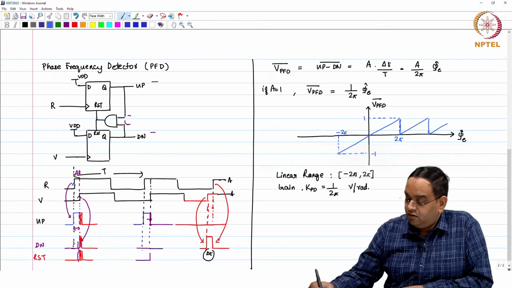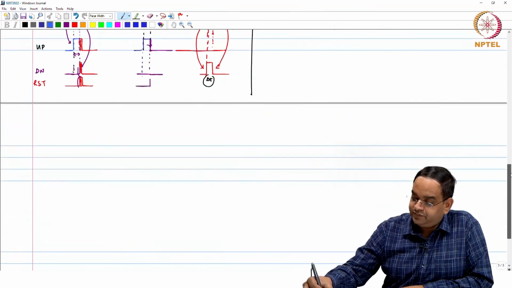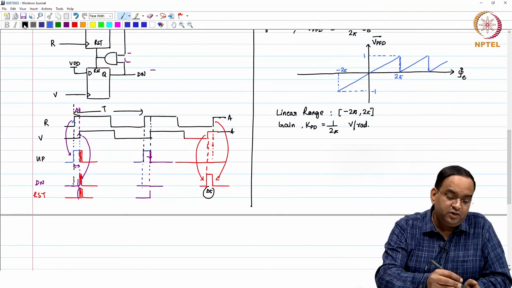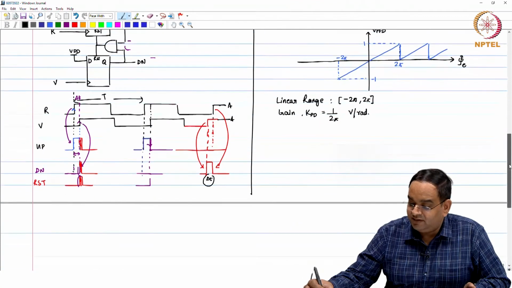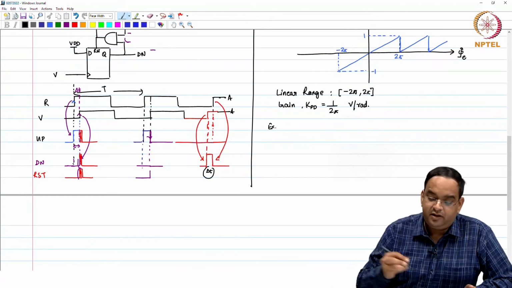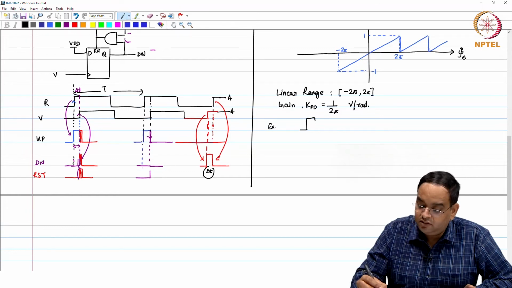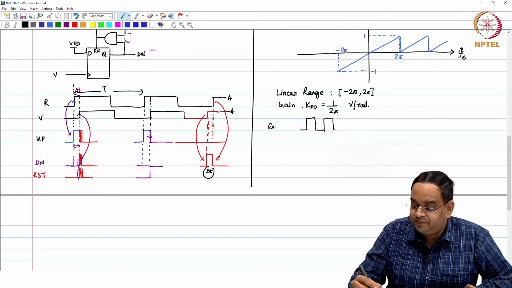Okay. How? Let us just look at it. So, for an example, let us consider that this is your reference clock period, you can choose either way.